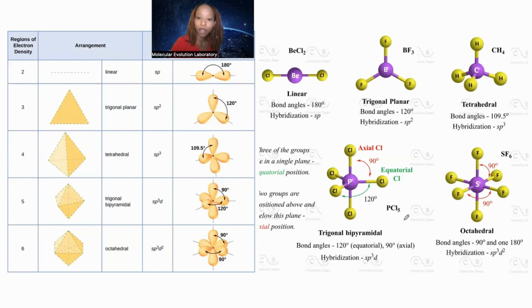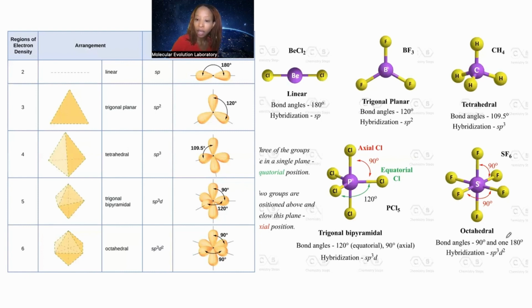And here we have phosphorus pentachloride, which is an example of a trigonal bipyramidal. So the phosphorus would be in the middle and you have 5 chlorine atoms surrounding with 120 and 90 degree bond angles. In this case, you have 3 of the atoms in a single plane, with 2 of the groups positioned above and below the plane.